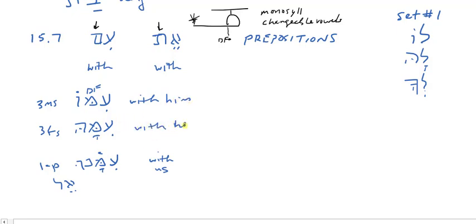Okay? Now, let's take the preposition eth. What if I want to say "with him"? Well, I take eth, I add the 3ms pronoun, holem vav. This is the set 1 set of pronouns. What am I going to do? I'm going to drop a dagesh forte in here. Where's the accent? The accent is on the final syllable.